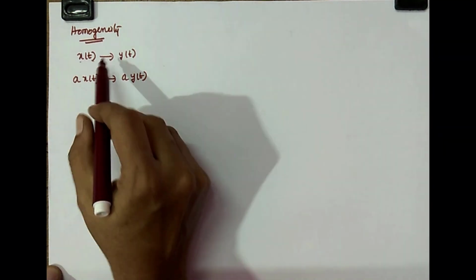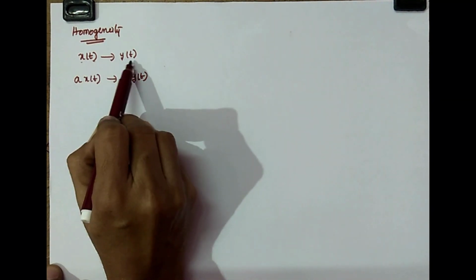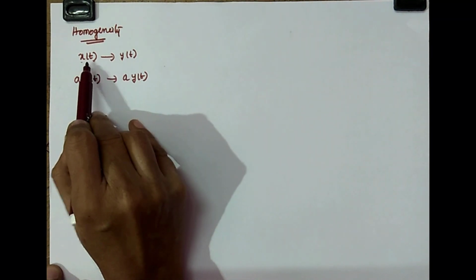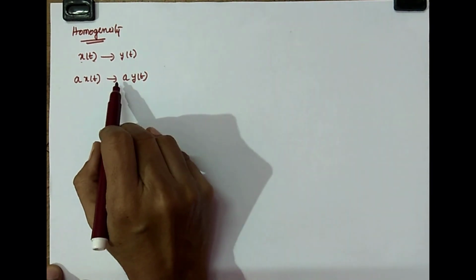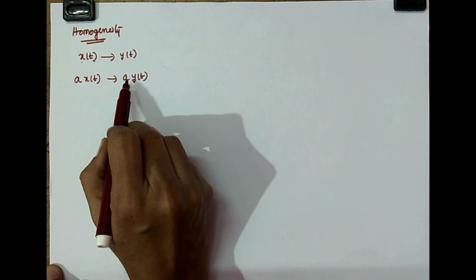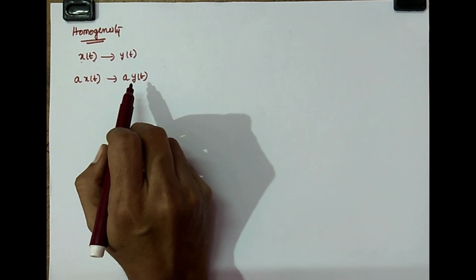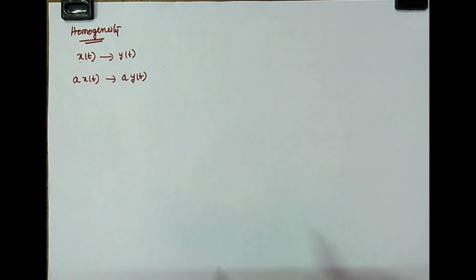Okay? So, if the system produces y of t for the input x of t, and if the input is scaled by a factor a, if the system output is also scaled by a factor a, then the system is said to have homogeneity.